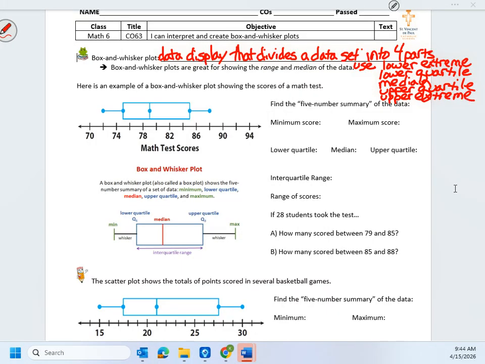Those vocab words are going to help us break that box and whisker into our 4 parts.